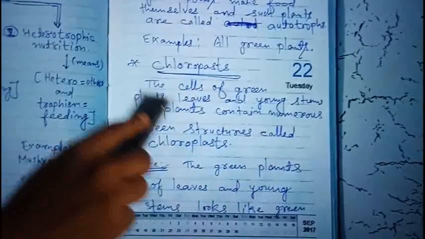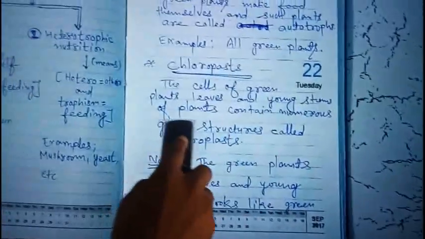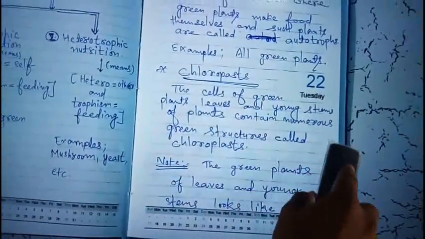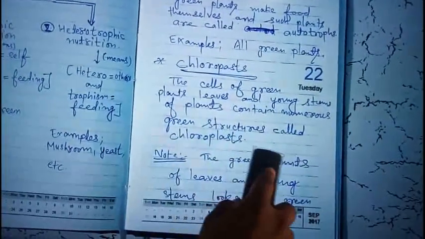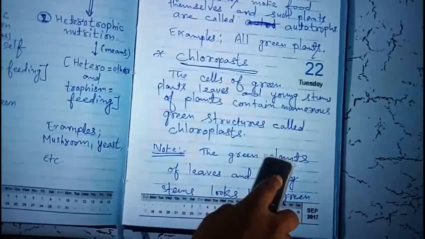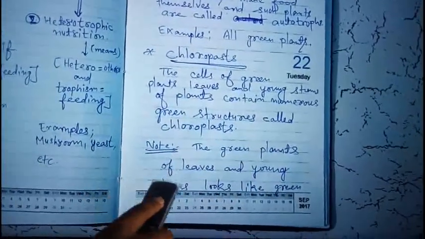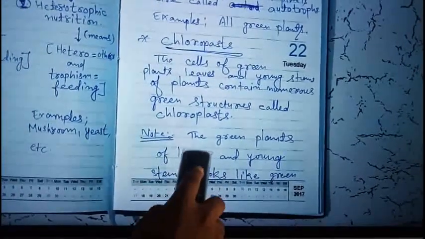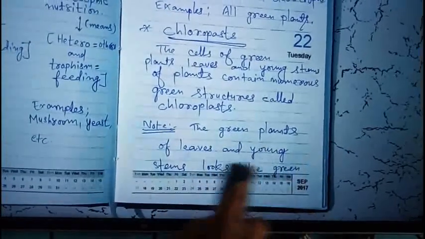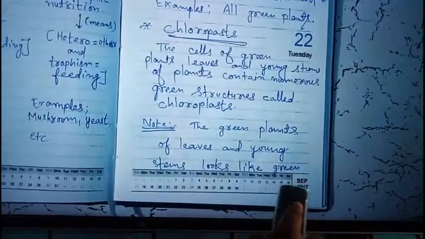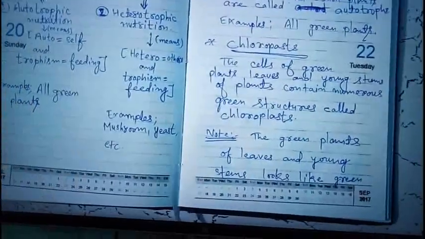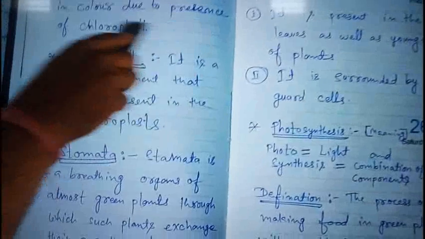The cells of the leaves and young stems of green plants contain numerous green structures called chloroplasts.